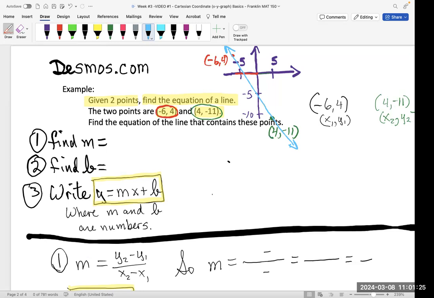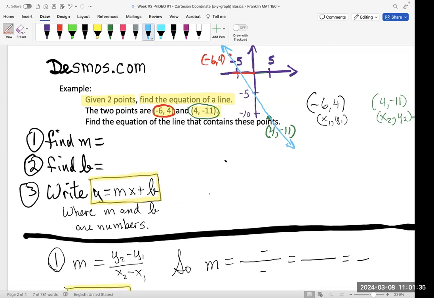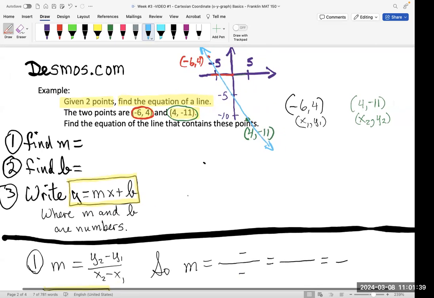So given 2 points, find the equation of a line. The 2 points are -6, 4 and 4, -11. Find the equation of the line that contains all of these blue points. That's what you're asked to find.